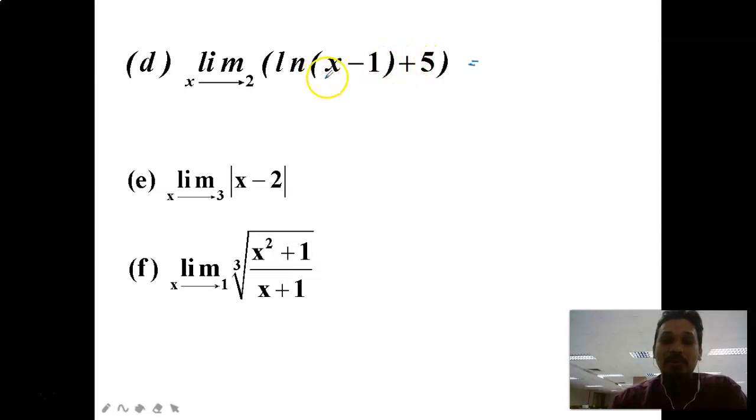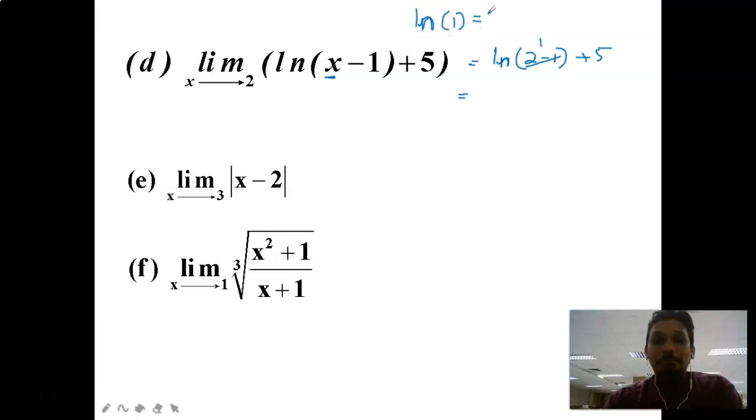So when x equals 2, natural log of 2 minus 1, plus 5: 2 minus 1 equals 1, and the natural log of 1, please press the calculator and test it. Yes, the natural log of 1 equals 0. So 0 plus 5 equals 5.